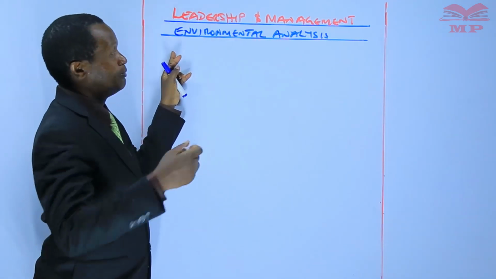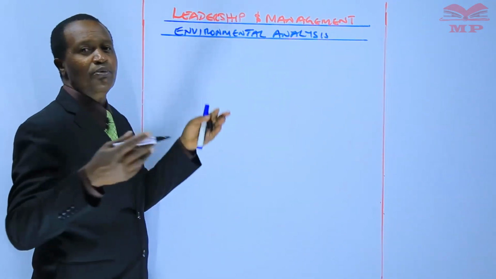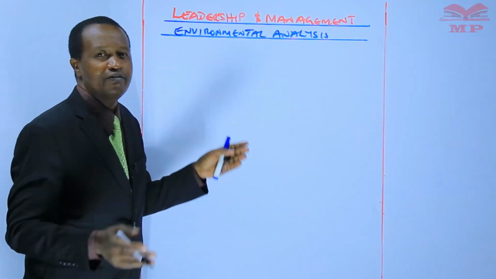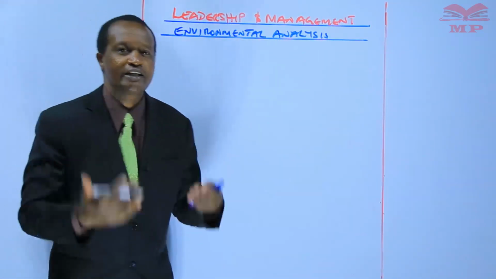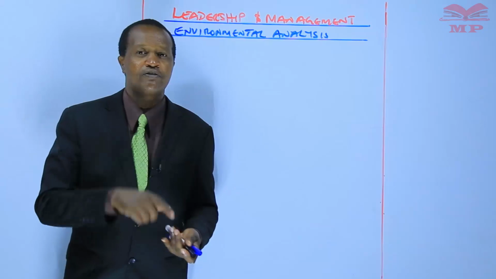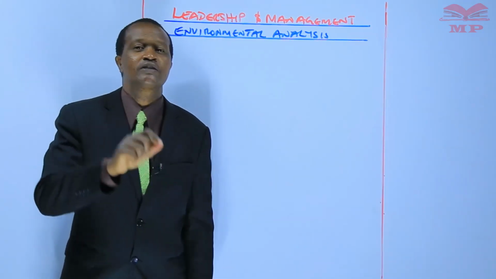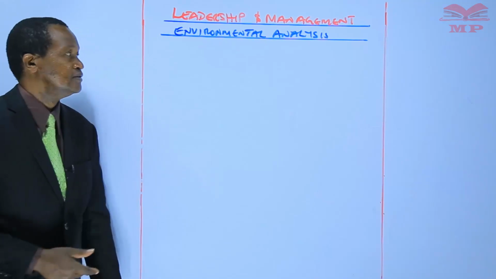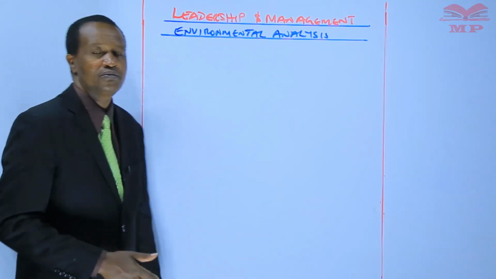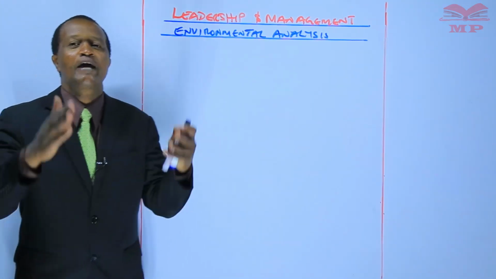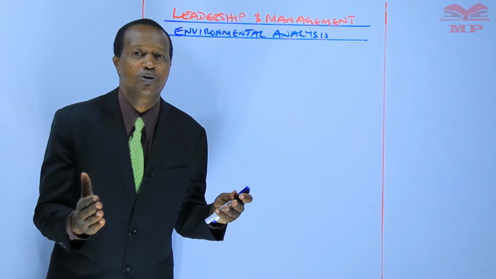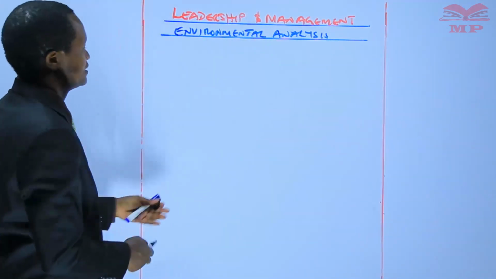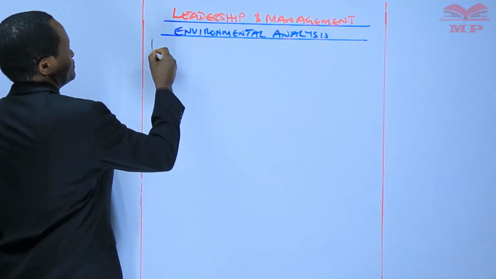Candidates, environmental analysis is a process of identifying the relevant factors that have a direct or indirect impact on the effective and efficient functioning of a business. It is what? A process. A process of doing what? Identifying the relevant factors.